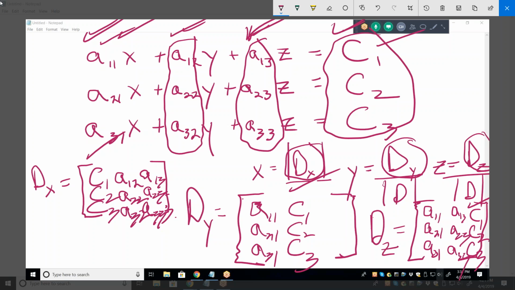In other words, this one goes left and then right. This one goes left and then right. And the last one goes left and then right. So as long as you get your c's in the right column, the other two just read left to right and ignore the coefficients of the variable you're talking about.